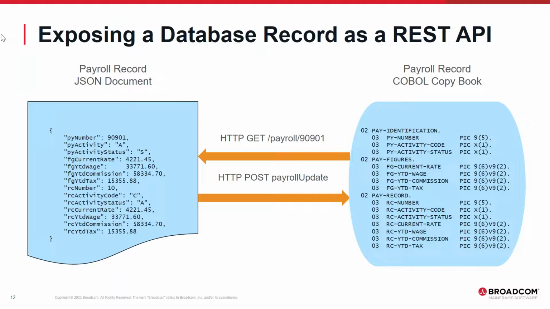Modern APIs are based on HTTP verbs: get, post, delete, put. Those are the various verbs that we'd see. So this is just a general model of what you might see. Next slide, please.